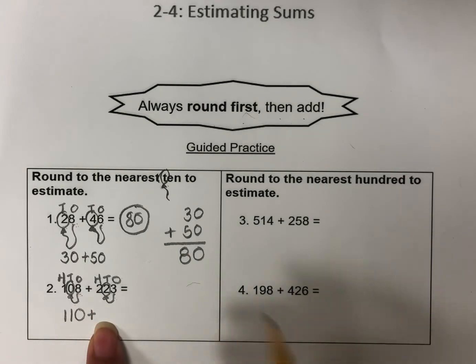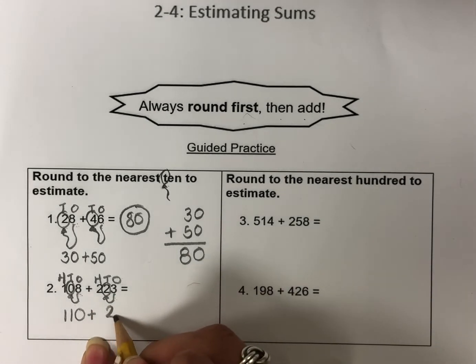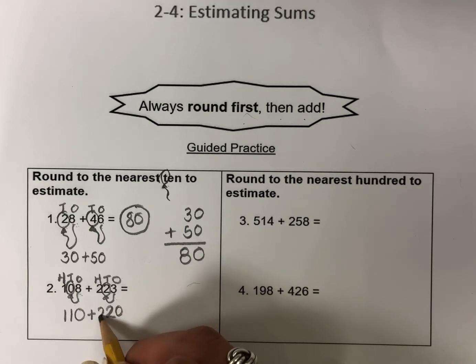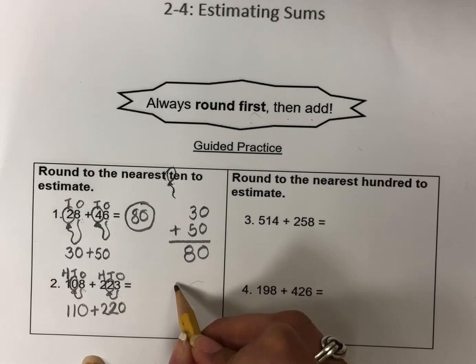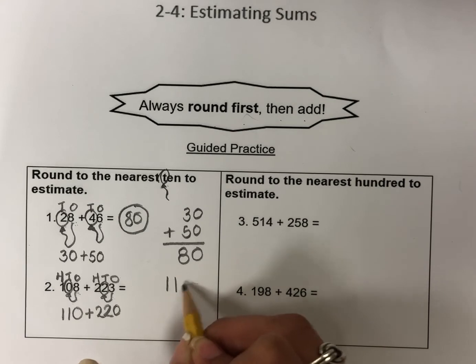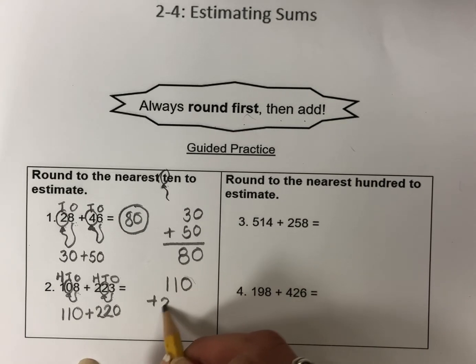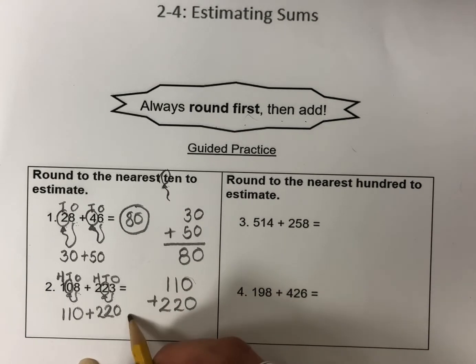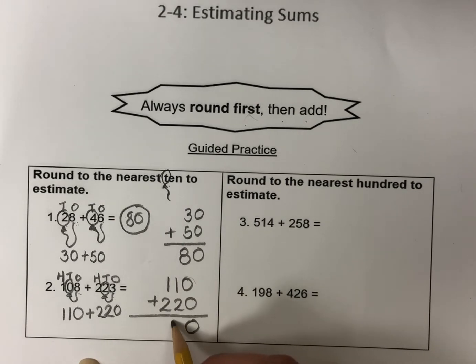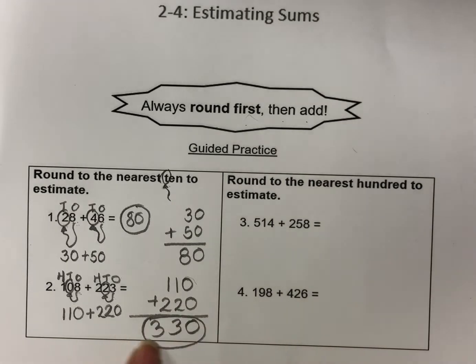So 2 stays the same, okay? 3 becomes 0, and the 2 in the hundreds place stays the same. So now we have our new sentence. 110 plus 220. Adding up our ones, our tens, and our hundreds, and we get our answer, which is 330.